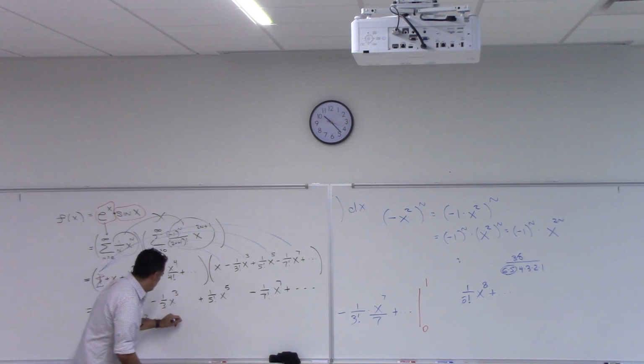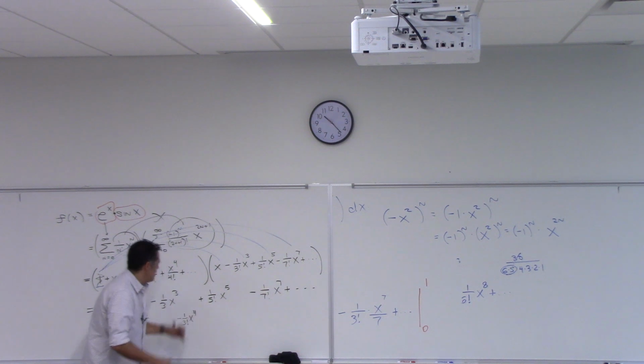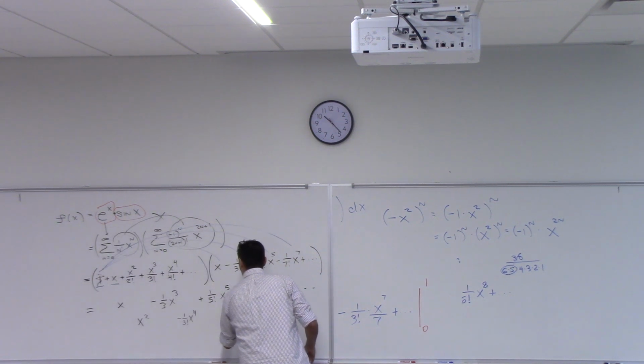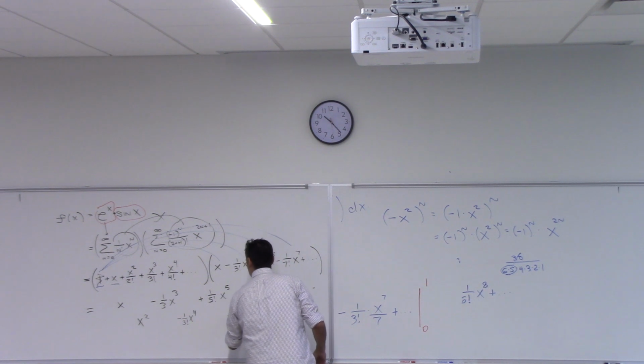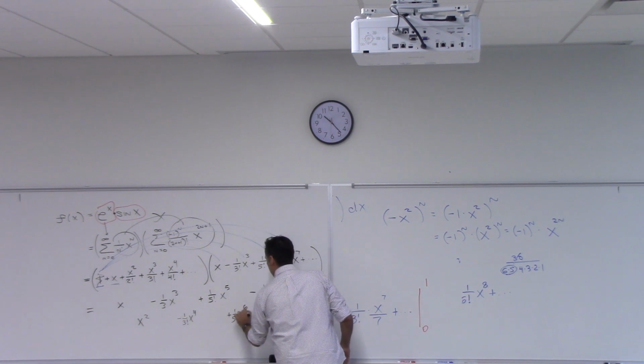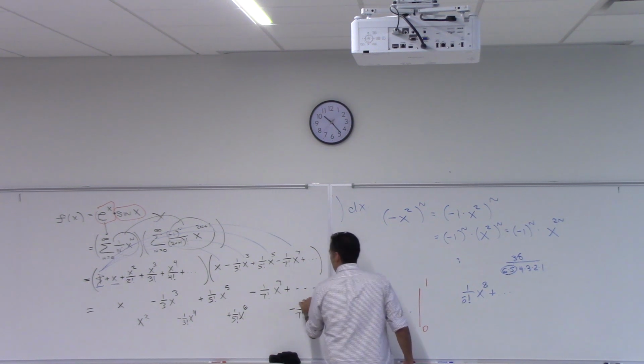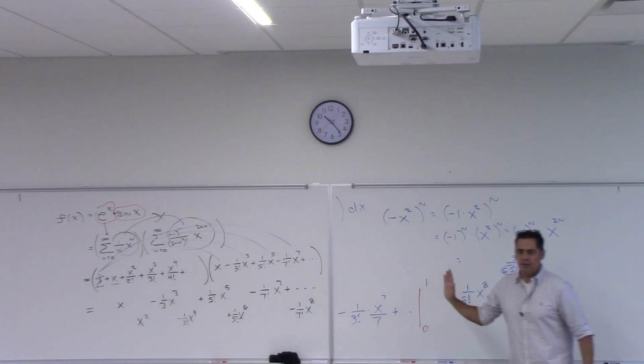I'm going to put it right here. What's the next one? 1 over 5 factorial x to the sixth. And then one more: minus 1 over 7 factorial x to the eighth. Do y'all see why I left those spaces now?